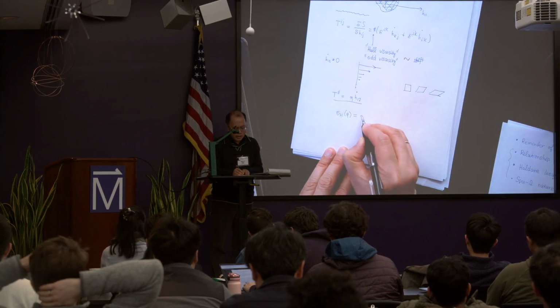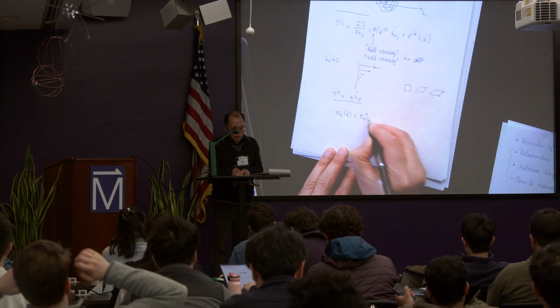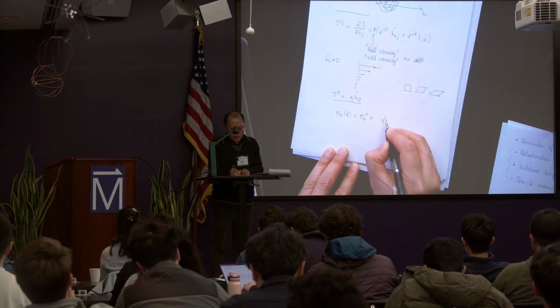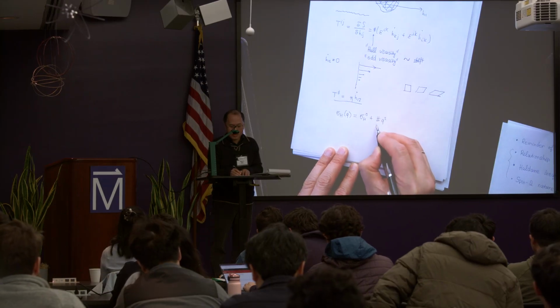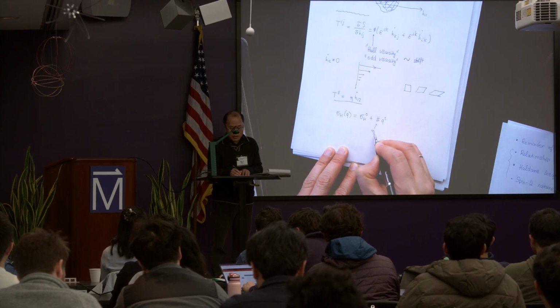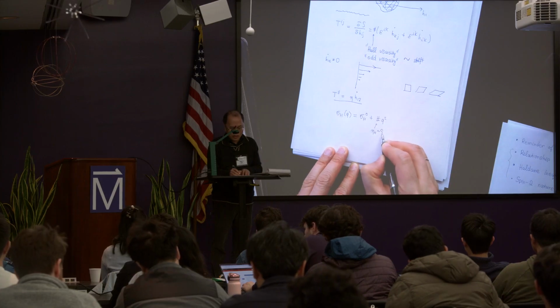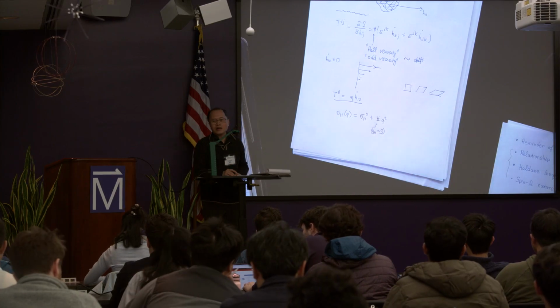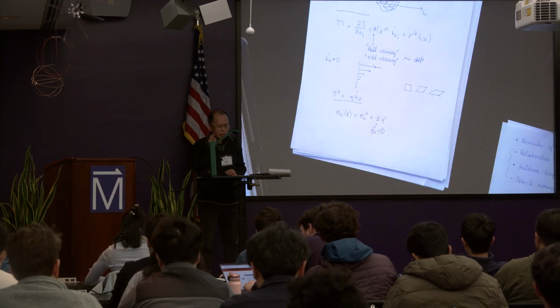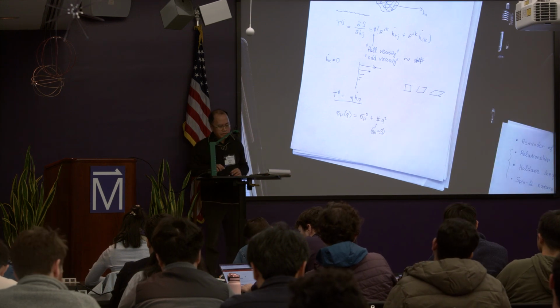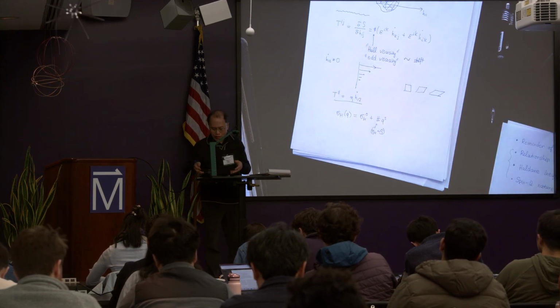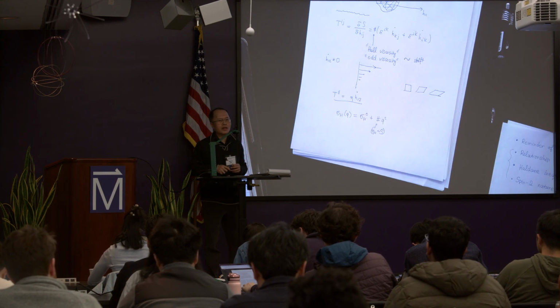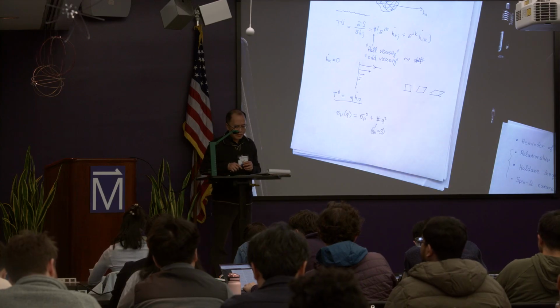So now that is equal to the Hall conductivity at Q=0 plus Q squared, and the coefficient in front of this Q squared is related to the Hall viscosity and the shift. Using the gauge symmetry that I presented, one can derive this relationship.